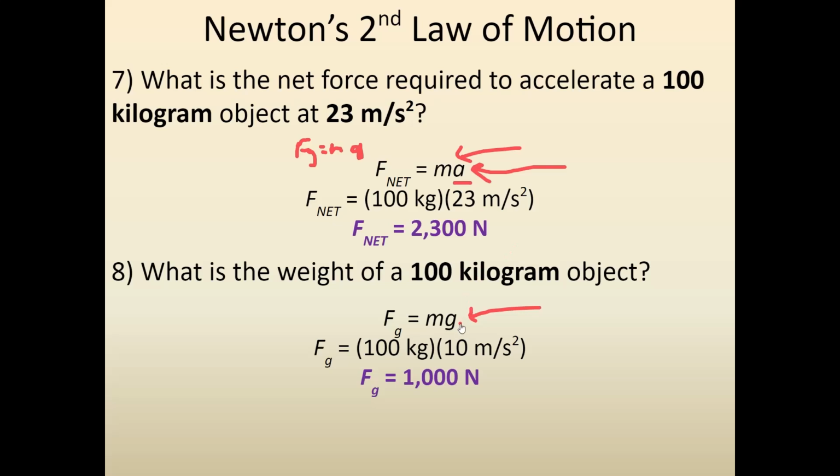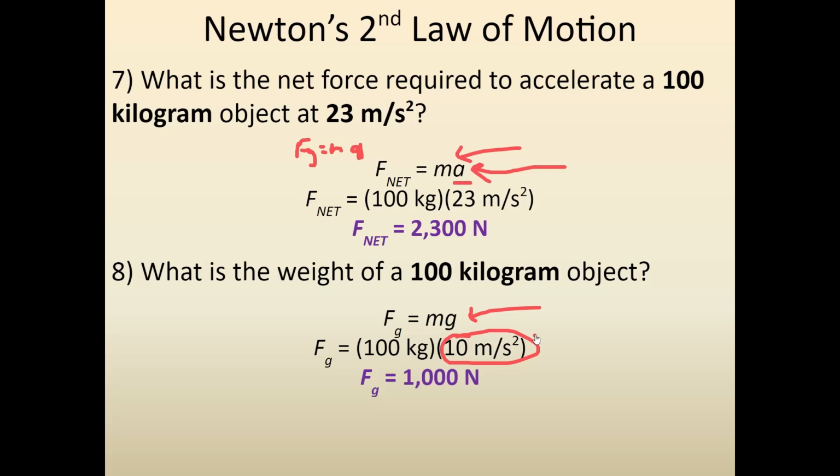The g in here is actually just what the object experiences being on the planet. So regardless of how the object's moving, it will always feel mg, Fg equals mg, because gravity is always pulling down with this 10 meters per second squared on the object. It's just that we're not moving because the floor is keeping us from moving further down.